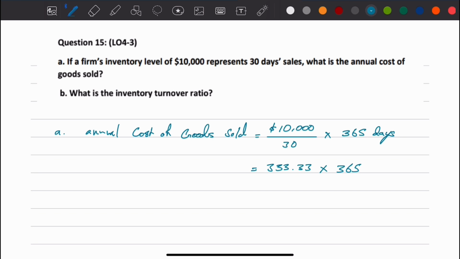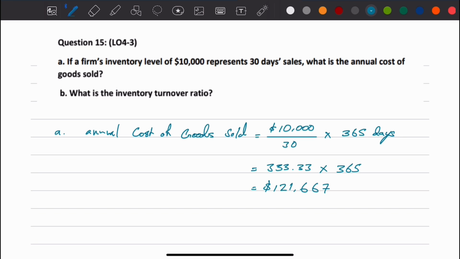Multiply that, 365, and I get 121,666.667. So you can round this up to $121,667. Okay, so that's the annual cost of goods sold.